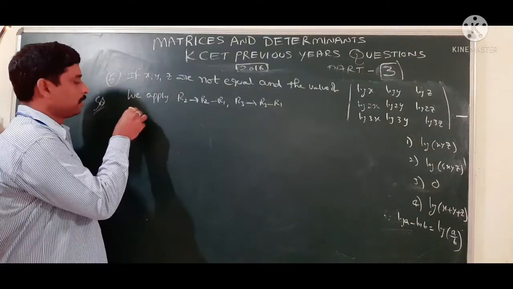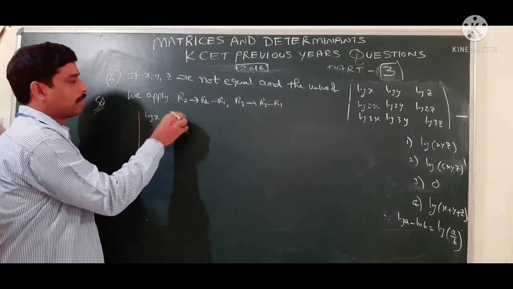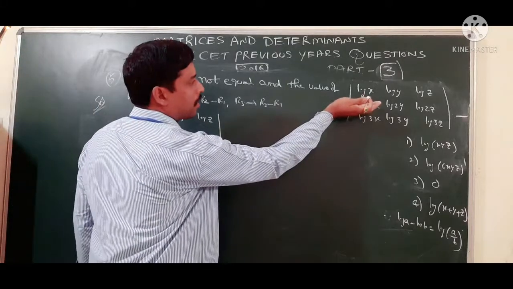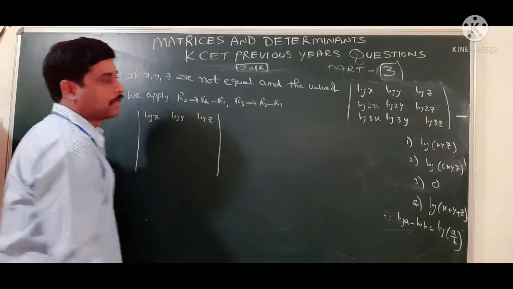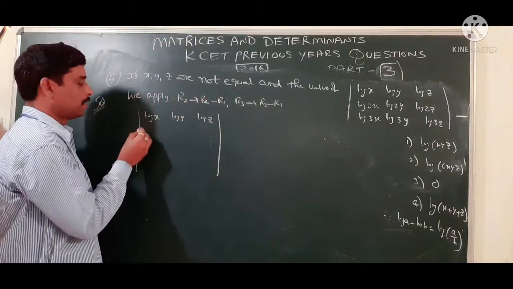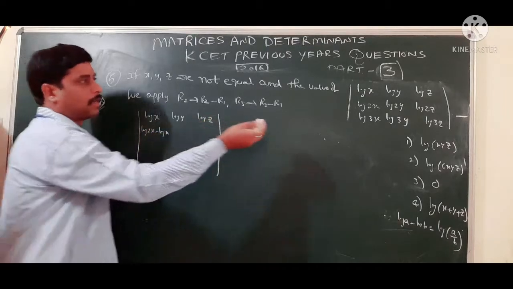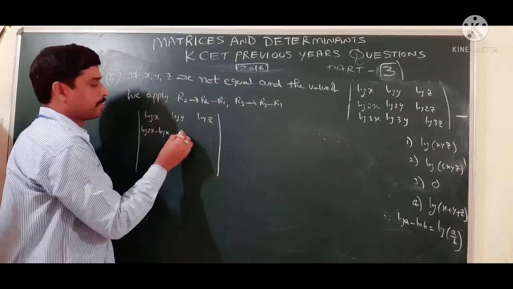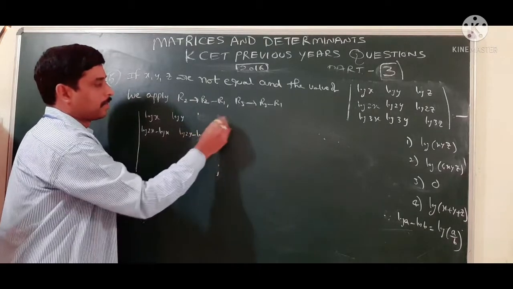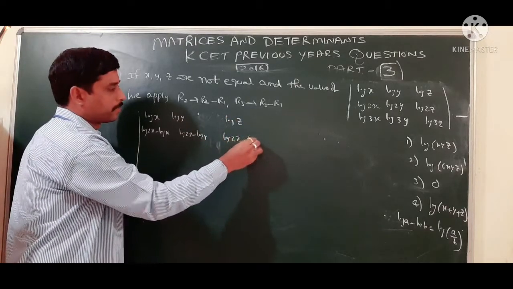Now we get the first row as it is: log x, log y, log z. For R2 minus R1: log 2x minus log x, log 2y minus log y, log 2z minus log z.